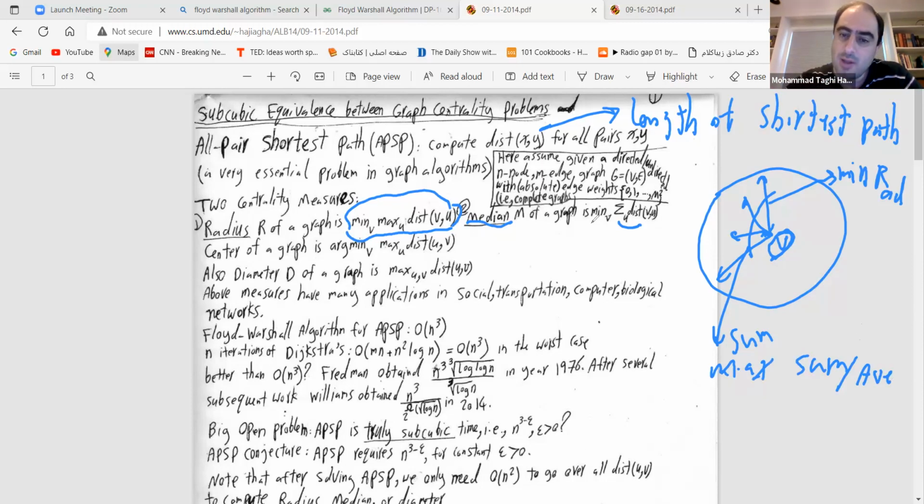You see, the quantity here is the minimum over v of the sum over all u of the distance d(u,v). We can actually divide everything by n, where n is the number of vertices.